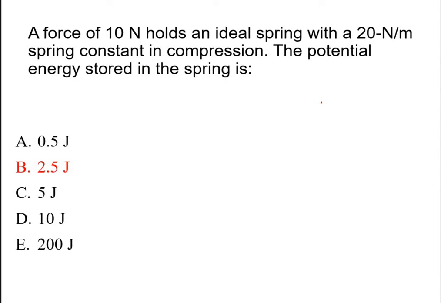The answer is 2.5 joules, and the way you solve this is that you need to find the potential energy, that's half kx squared. K is given, but x is not. You don't know the compression, but you know that the force that holds the spring is 10 newtons. Force is k times x. I'm just writing the magnitude right now.